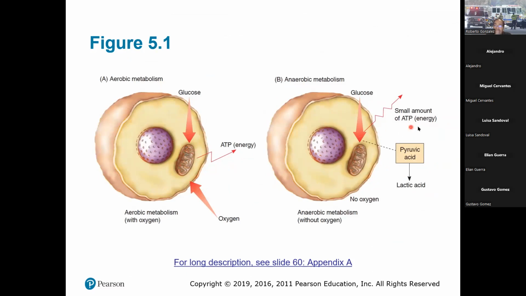Now, the form of energy that we use is ATP, and ATP stands for adenosine triphosphate. Anaerobic metabolism produces pyruvic acid, and pyruvic acid eventually becomes lactic acid. And lactic acid, anything that's acidic in our body, not good.